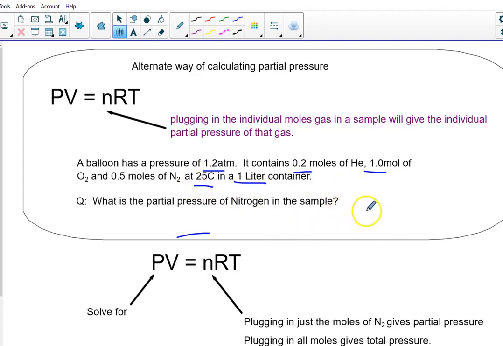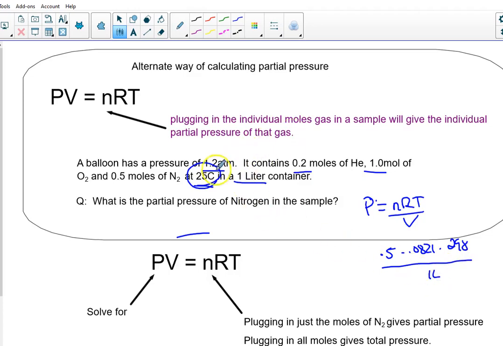I alluded to this earlier, so I'm looking for the pressure, P equals nRT over V. The n for the nitrogen is just 0.5, 0.0821 for R. Temperature is 298 in this case, and then it's over the volume, which is 1 liter.